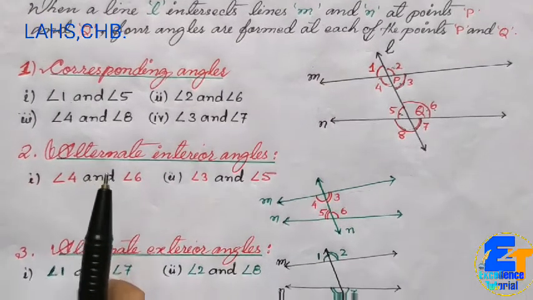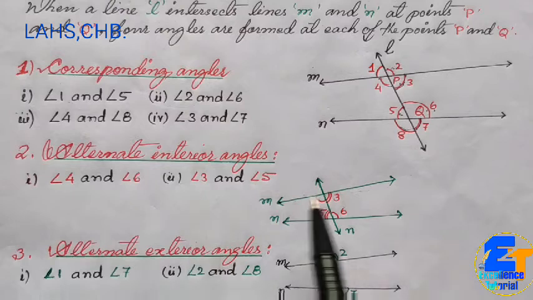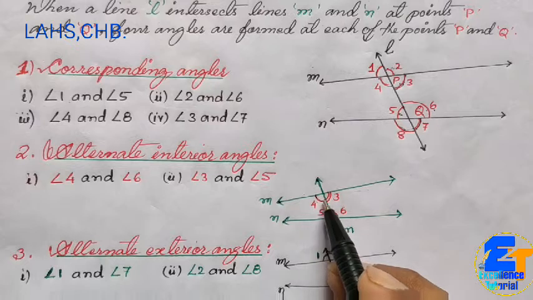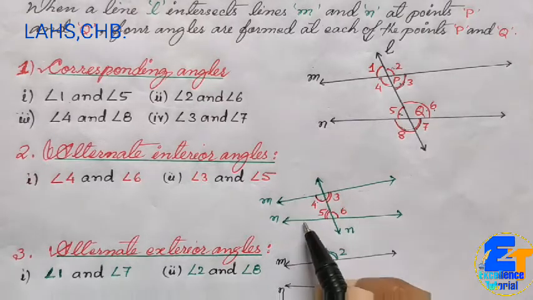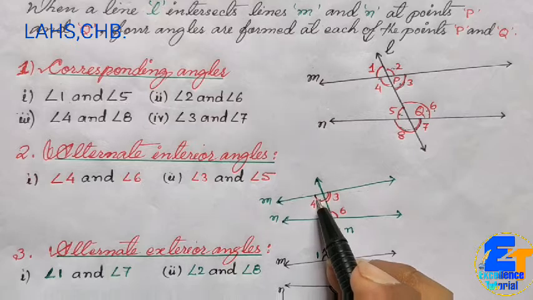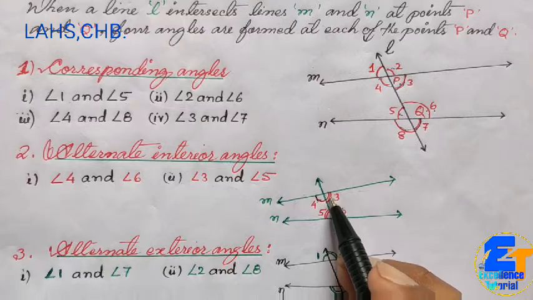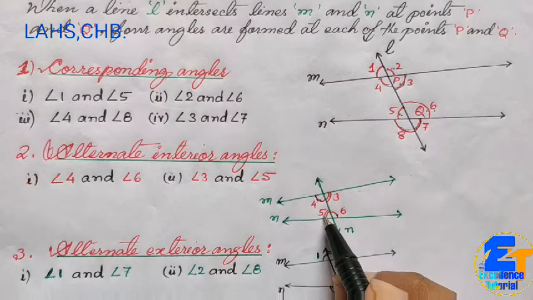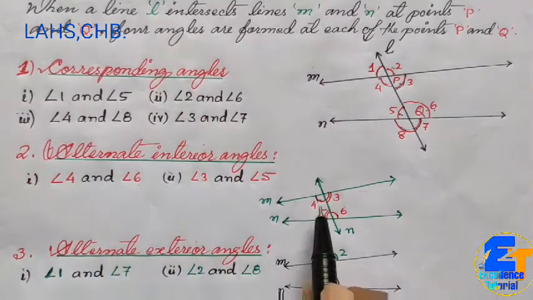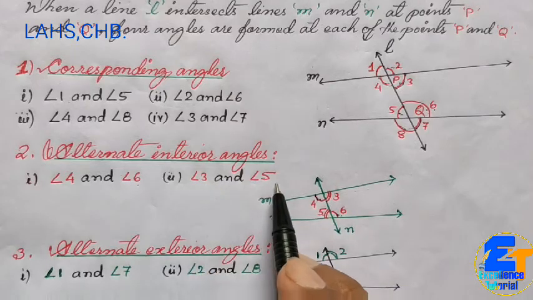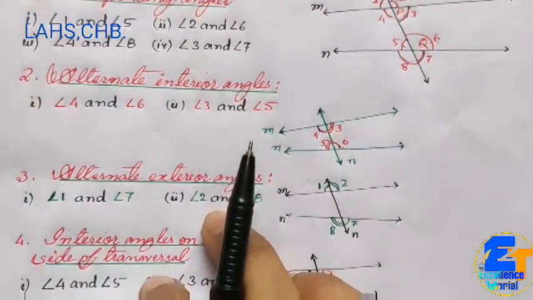Alternate interior angles: if you take angle 4, it is formed on the left side of the transversal and between these two non-parallel lines. The alternate interior angle of angle 4 is angle 6. Angles 4 and 6 are alternate interior angles, and one more pair, angle 3 and angle 5, are alternate interior angles.